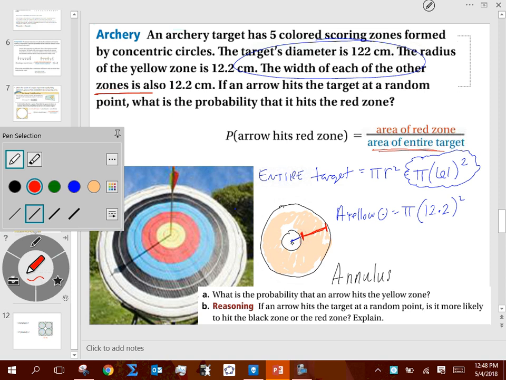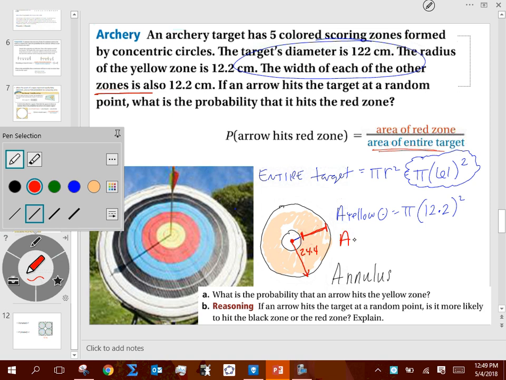So if I wanted to find that radius, what would that have to be? It'd be 12.2 plus 12.2, right? So that radius is 24.4. So can I find the area of that circle then?